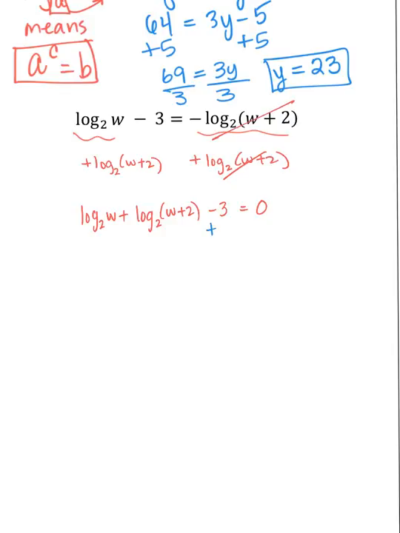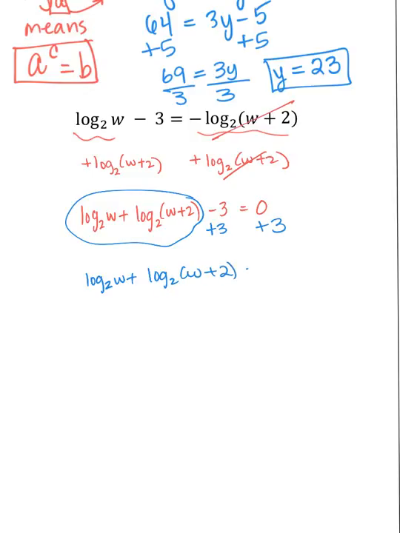So we're going to add the 3 over so that way all our logs are together on this one side of the equation. And so we have log base 2 of w plus log base 2 of w plus 2 is equal to 3. Those cancel out.